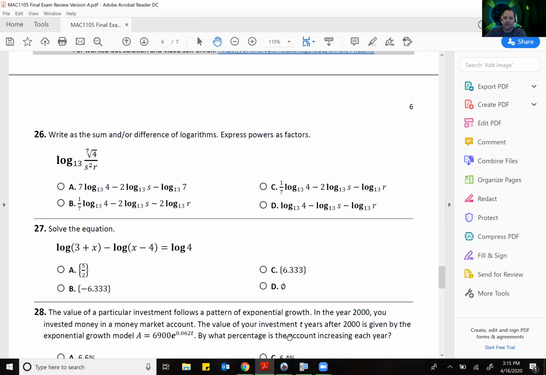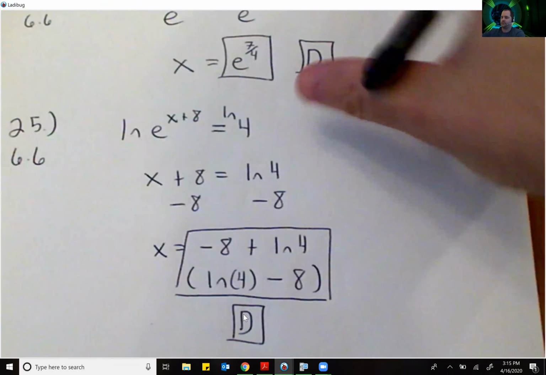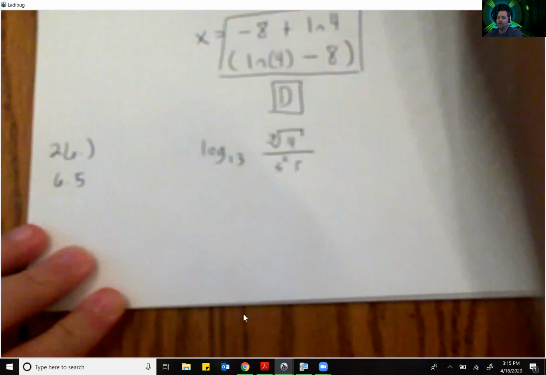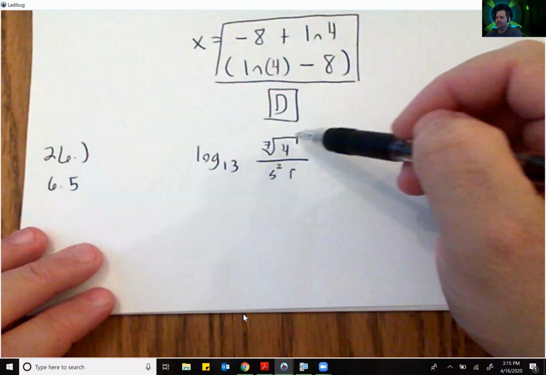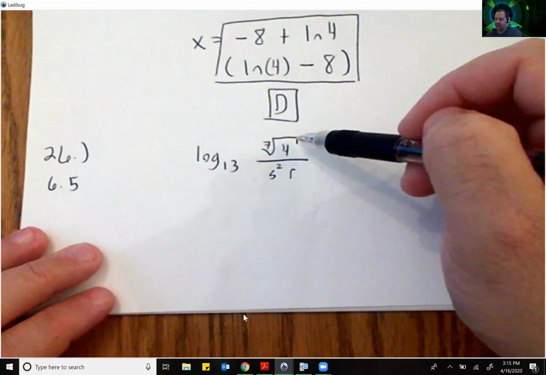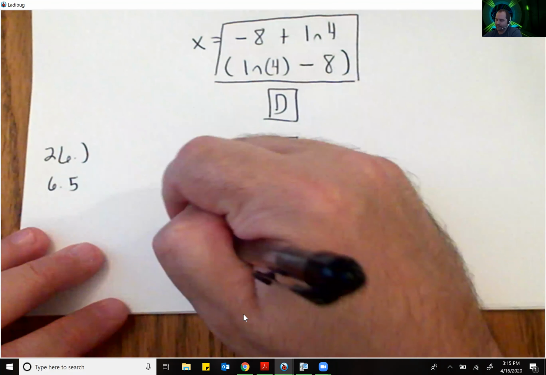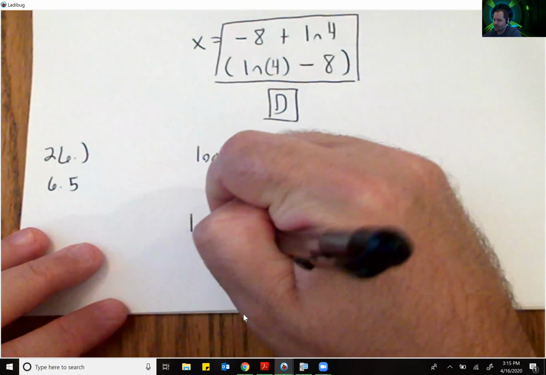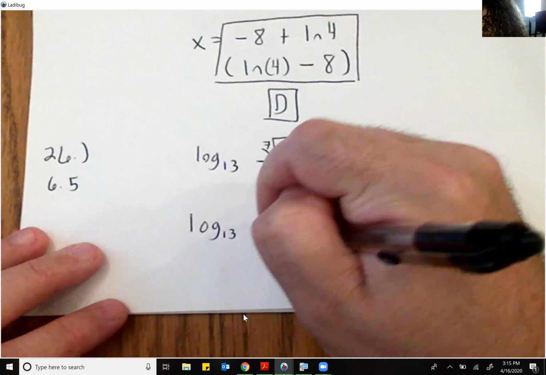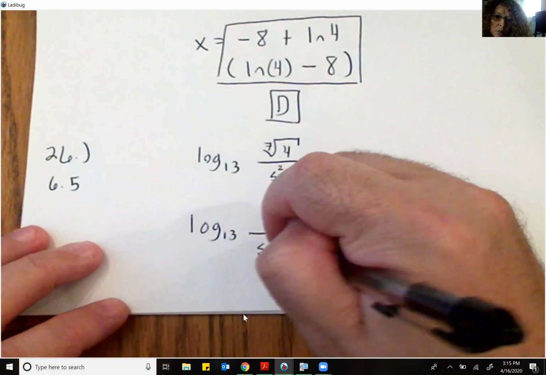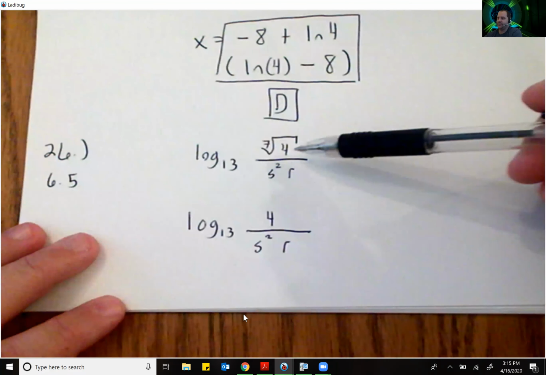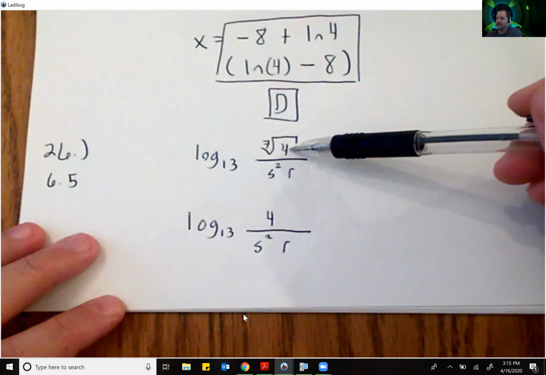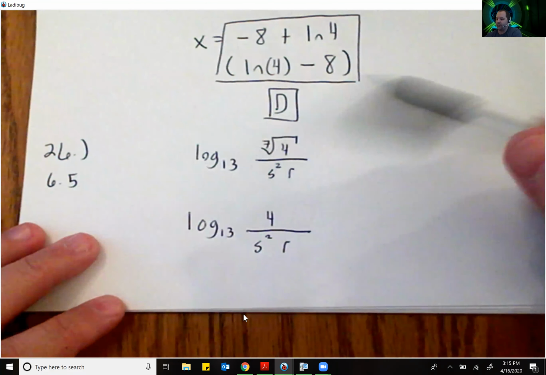So let's start talking about this. First off, this radical, we need to turn this into an exponent. The 7th root, what does that look like as an exponent? It's 4 to what power? What does this 7th root look like as a power on the 4?